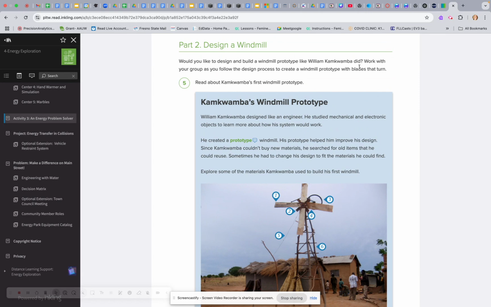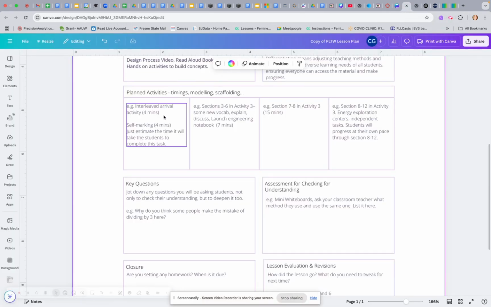So I would just start off referencing this section. So I would put, we're going to be doing activity 3, part 2, design a windmill, step 5. That's what would go here.